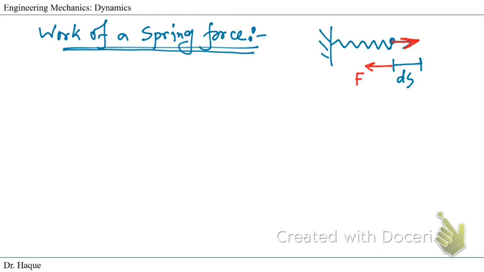So this is the original position, and we are moving in this direction by ds. The force is opposite to the displacement of the spring, so it is a negative force.